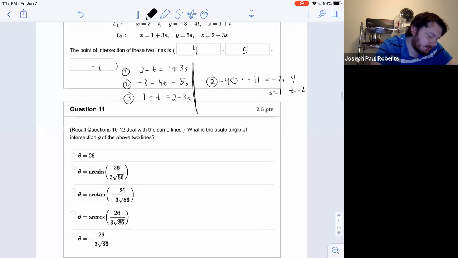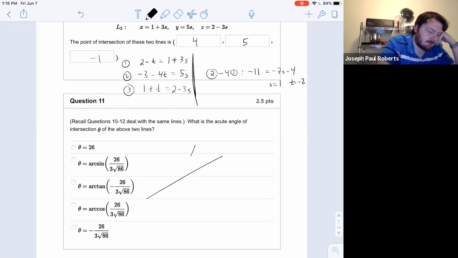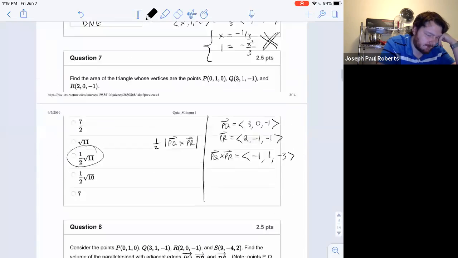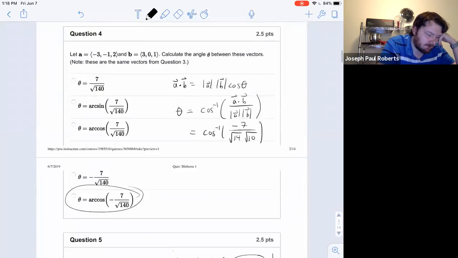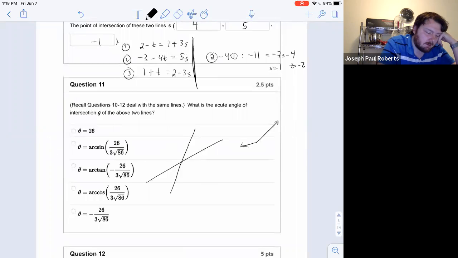So what is the acute angle of intersection of these two lines? This is a slightly different question than if we just gave you two vectors. One of the questions earlier on this test was the angle between two vectors. It ended up being the situation where the vectors were at an obtuse angle. But with these two lines, we really wanted the acute angle between the lines.